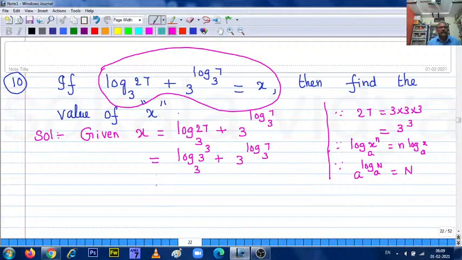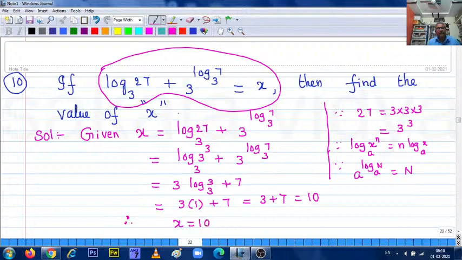So that means this is 3 times log 3 base 3 plus 7. Log 3 base 3 is 1. So this is 3 times 1 plus 7, 3 plus 7, that is 10. Therefore, x is equal to 10. Okay, Swarupini, absolutely correct, your answer.